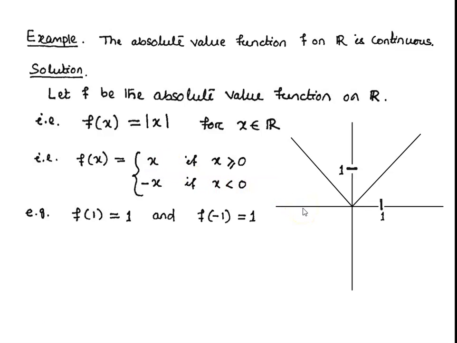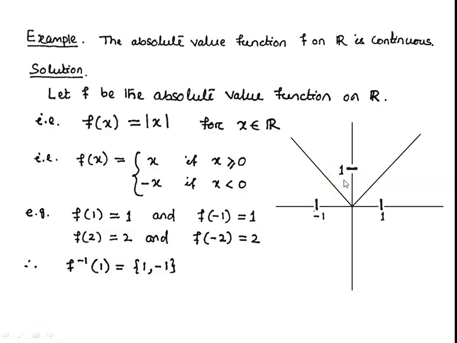And if x is equal to minus 1, then also f of x is 1. So here we can see that image of this point 1 is 1 and image of minus 1 is also 1. Similarly, image of 2 is 2 and image of minus 2 is 2.